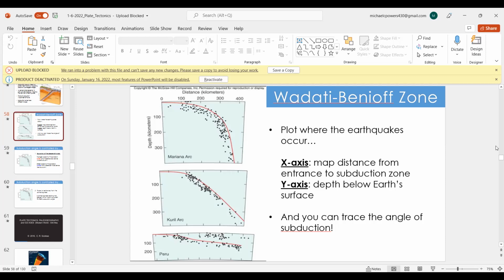Yeah. Could you explain the different earthquakes and volcanism you can get from each boundary? Okay.